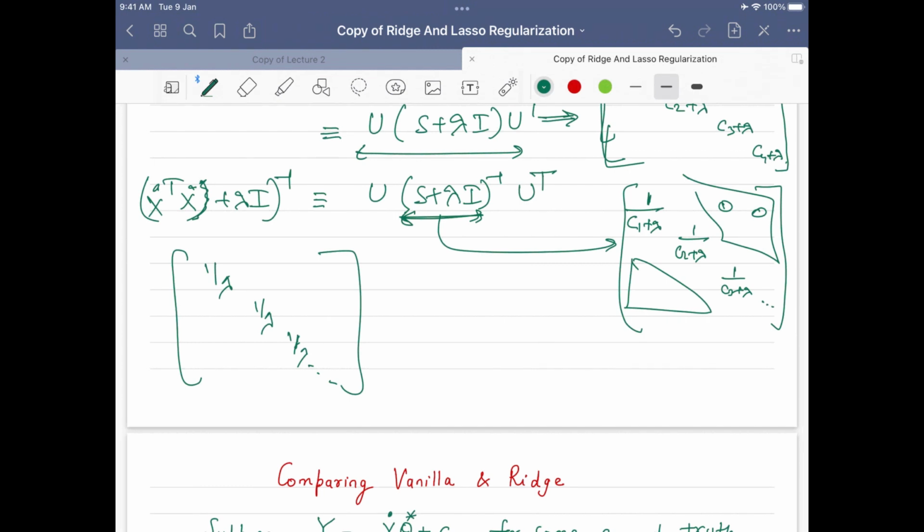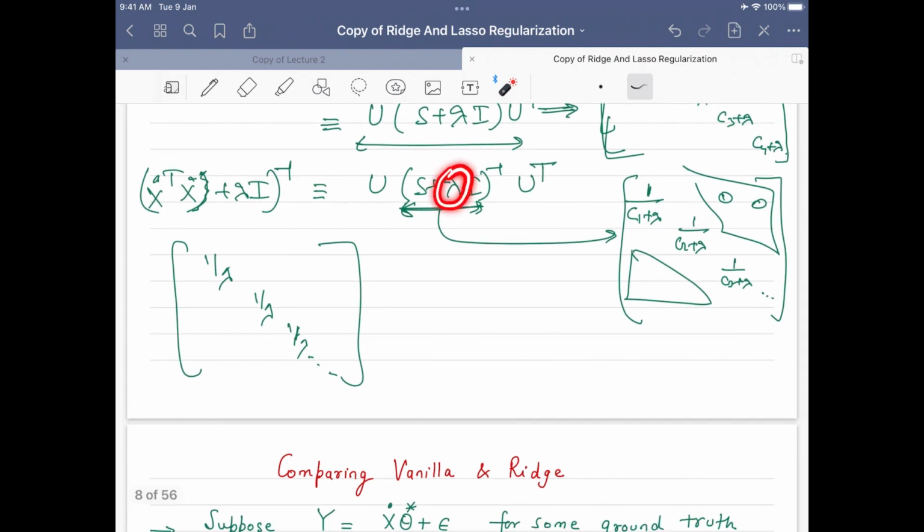So what is happening in total is that this regularization lambda is helping us to make the inversion of the matrix stable. The inversion of the matrix earlier was not stable, it became infinite, but now this infinity situation is resolved if I use regularization as one of the parameters.